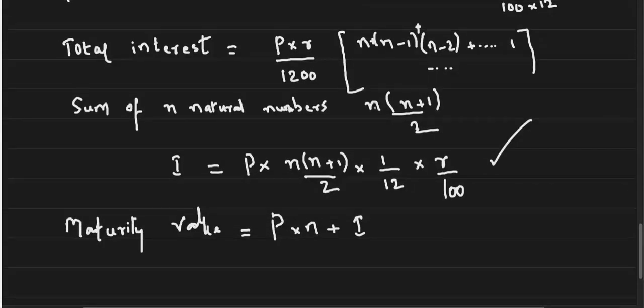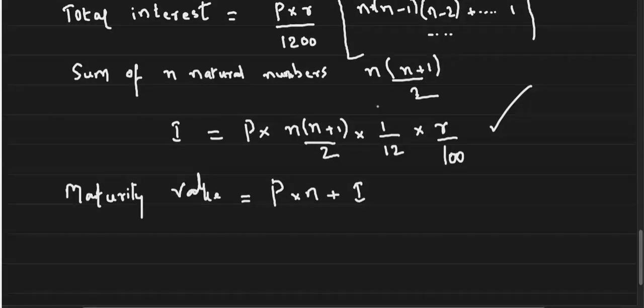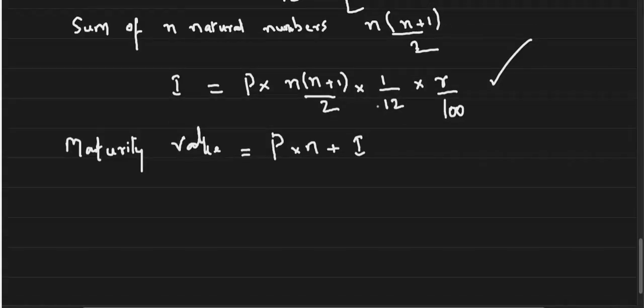If n is 10 or whatever it is, you can just check here. So you get the interest value. Interest value is P, that is the principal, into n plus 1 by 2 into 1 by 12 into R by 100. This is the complete formula to get the total interest. Maturity value is just adding the amount you paid plus the interest you yielded.